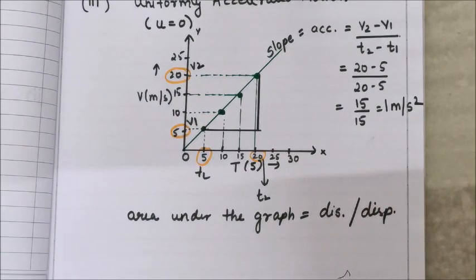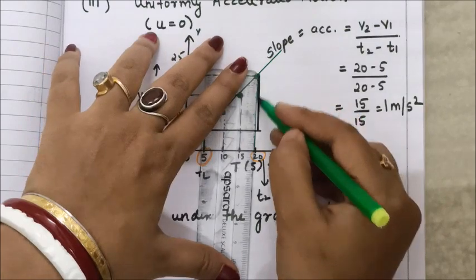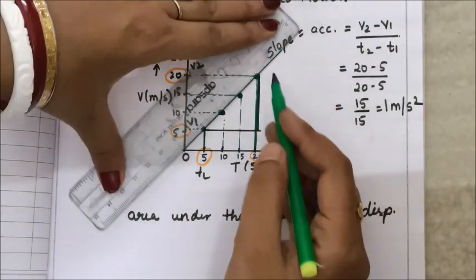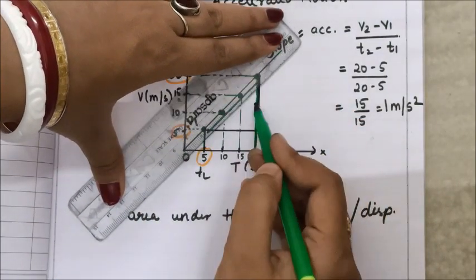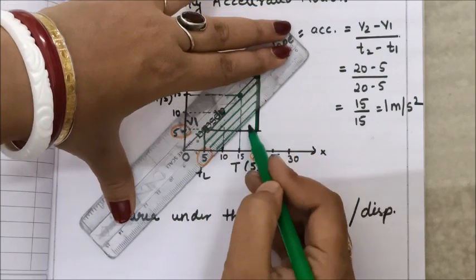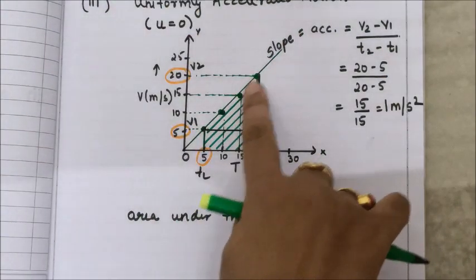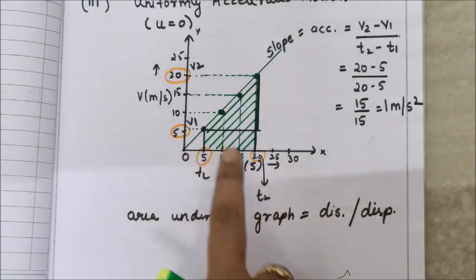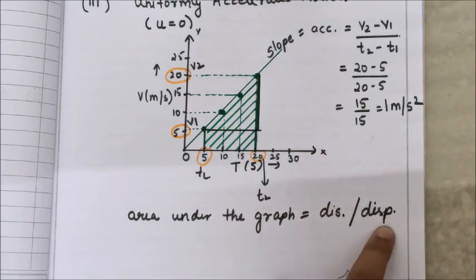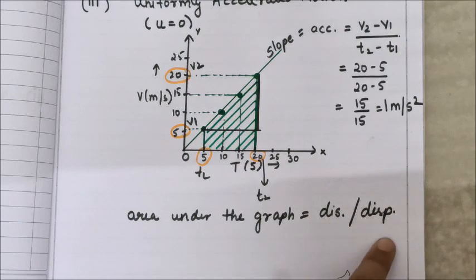Now if I'm taking these 2 points, my area under these 2 points will be this much area. I'm marking it and shading it with green. So this shaded part will be the area under the graph. This much graph I've taken, so this is my distance or displacement.